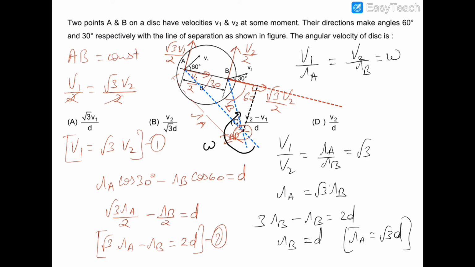So omega is equal to V2 by RB, where RB is equal to D. So omega can be written as V2 by D. So the correct answer is option number D. Now let's move on to the next question.